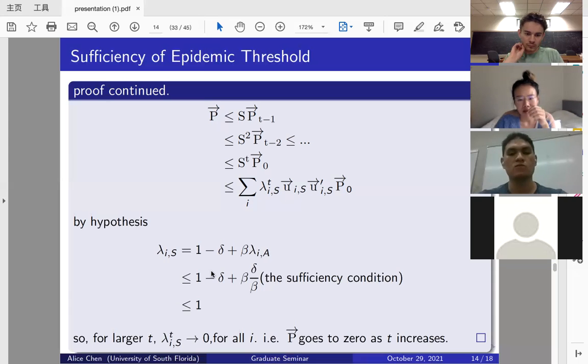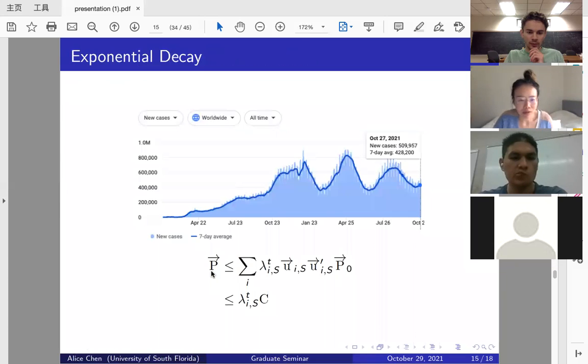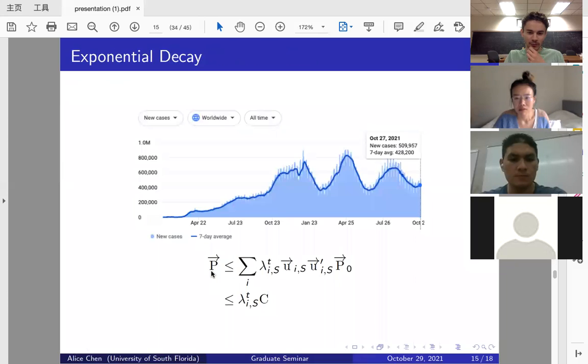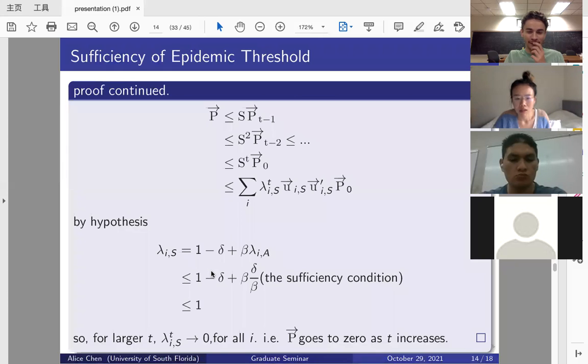So p going to 0 also means that the infection probability goes to 0 and the pandemic dies out. So that's the proof of the sufficiency. Any questions? No. Okay.